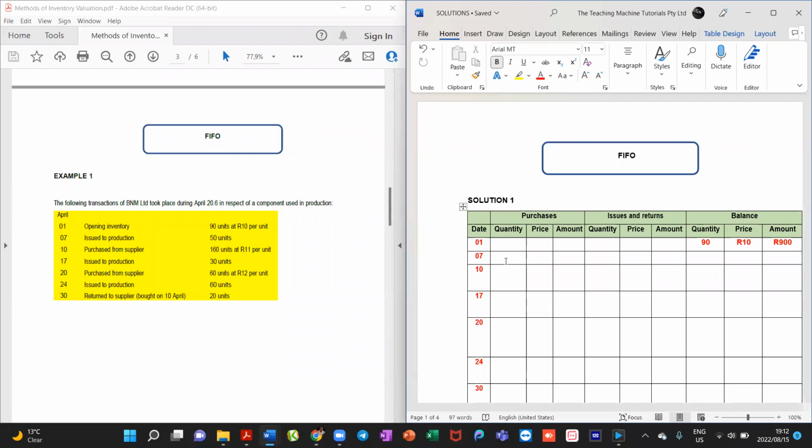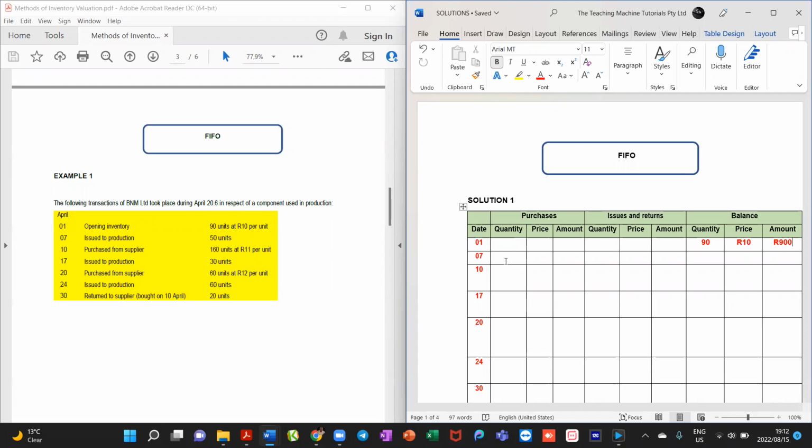Okay. All right. And then on the 7th of April, 50 units were requested by the factory. It's more like saying you buy chickens from a certain company, and then the very same chickens will be used by your franchise, say, for example, Chicken Licken or KFC. So KFC requires 50 units.